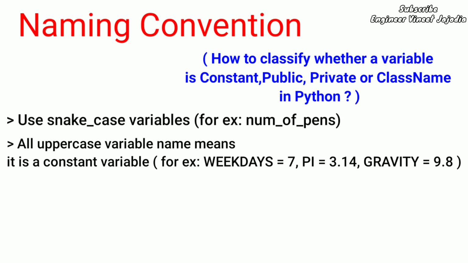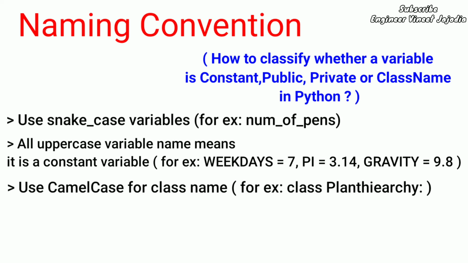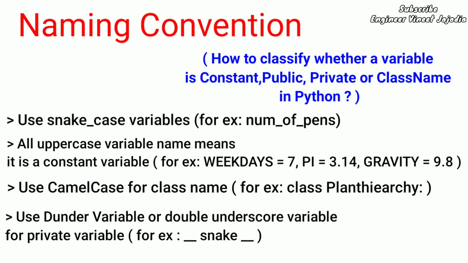Third is that we are going to use camel case for referring to a class name in Python, to tell other coders or developers that this is a class name. The last is called a dunder variable, or you can say double underscore variables.